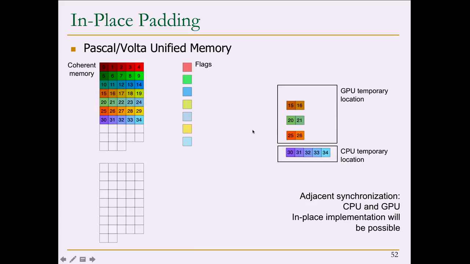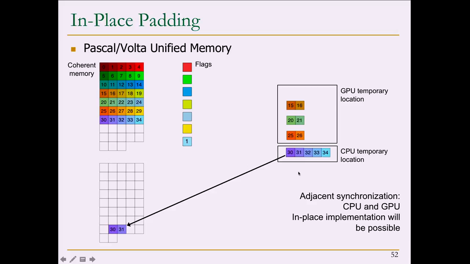So what we can do is use an array of flags, and every time each of these rows has been saved in the temporary location, the corresponding worker, the CPU thread or the GPU threads, will set the flag, indicating to the rest of workers that the corresponding row has already been saved, so these memory positions can already be overwritten when we shift the row to a higher address memory location.